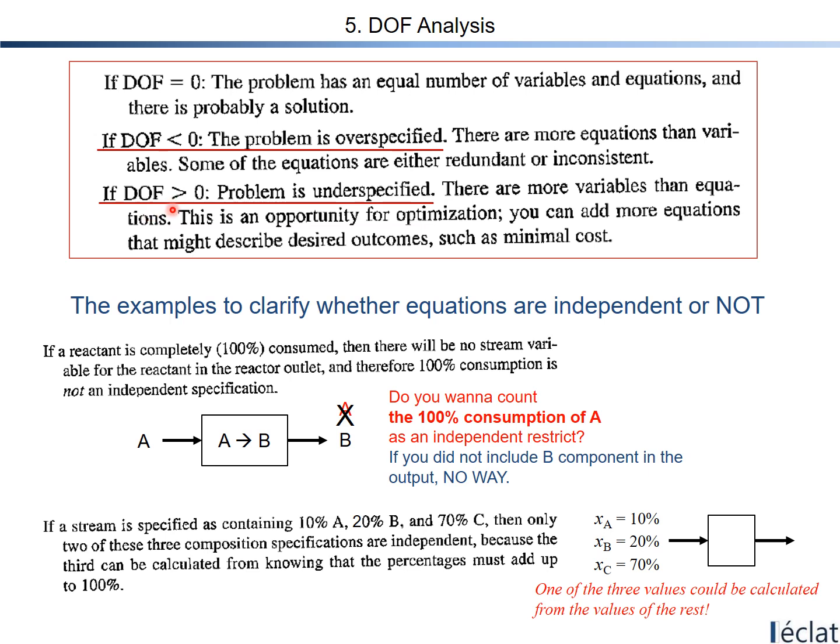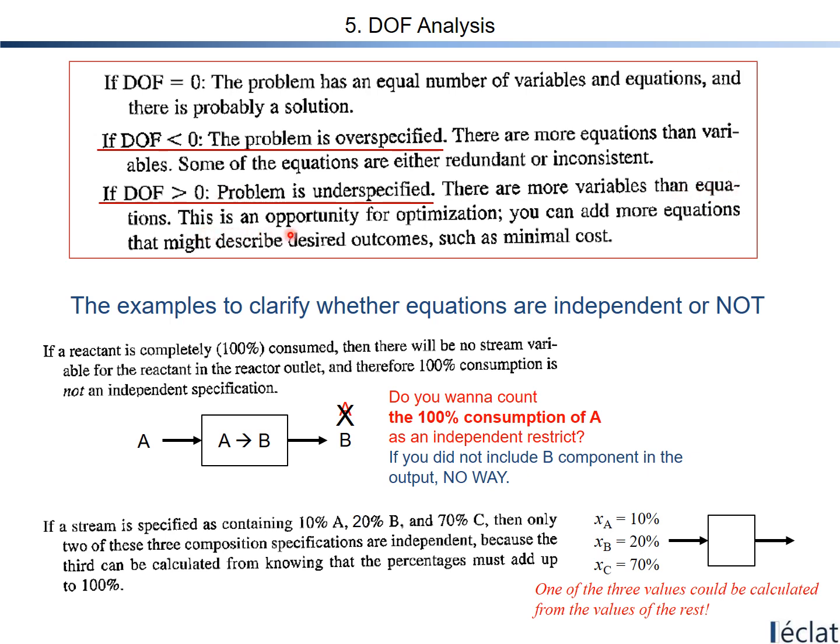If degree of freedom is larger than 0, the problem is under-specified. Again, under-specified means we have too much freedom. We need to have more restrictions. There are more variables or unknowns than restrictions or equations.